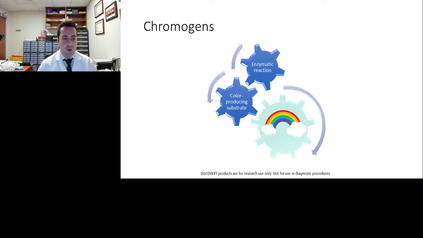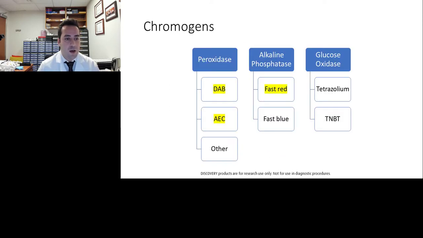We also need chromogens to visualize the end product. A chromogen is a color-producing substrate which is activated by the enzymatic reaction of the detection system. Chromogens are either peroxidase-based, alkaline phosphatase-based, or glucose oxidase-based. The most common ones we usually use in our daily routine are DAB, AEC, and Fast Red.